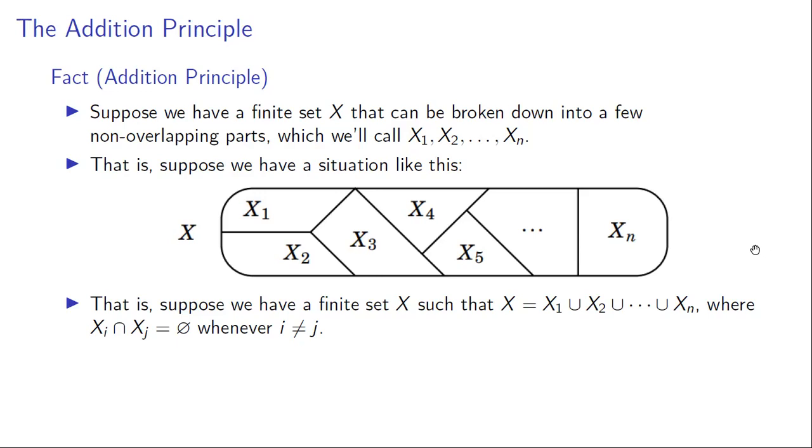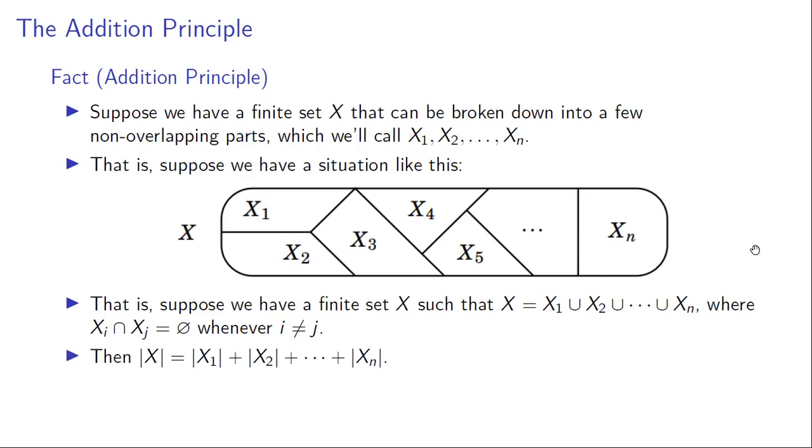So suppose we have a finite set X such that X is equal to the union of X sub 1 through X sub n, where the intersection of X sub i and X sub j is always the empty set whenever i is not equal to j. So far I haven't stated anything. This is all a supposition. Suppose this.